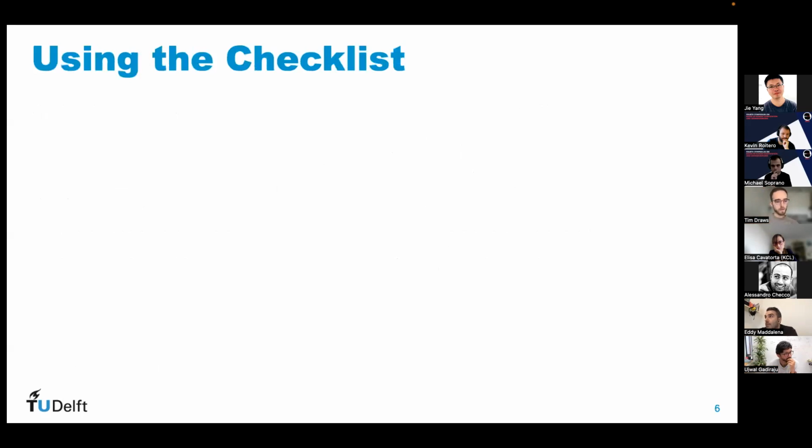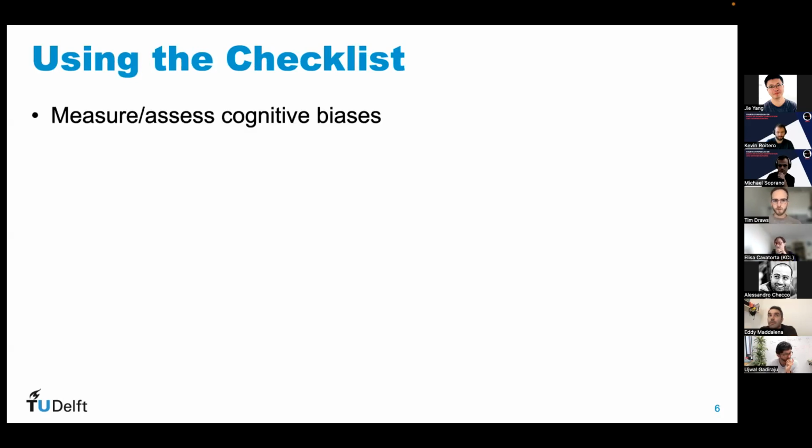Doing that, we imagine that the checklist will enable requesters to do mainly three different things. First of all, it will enable them to measure or assess cognitive biases in their tasks.